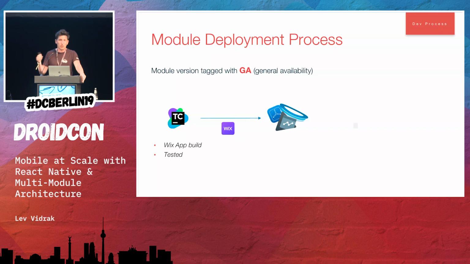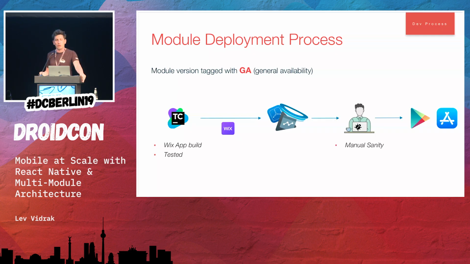And this will be uploaded to TestFlight and the Google console, and after a very quick manual QA, we are trying not to do manual QA. We have end-to-end automation tests in React Native based on Espresso and EarlGrey. And after a quick manual QA and approval from a release manager, this application can be released to Google Play and the App Store.